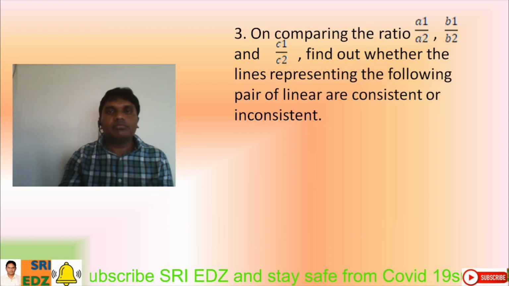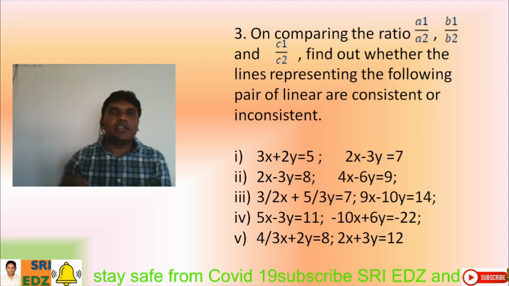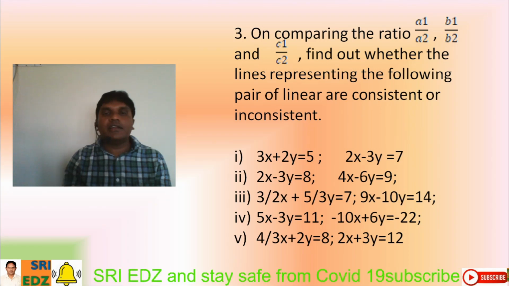The remaining problems you can solve on your own, that means by comparing ratios. In the third question, we only have to say whether the equations have a solution or not. If there is a solution, then we can say they are consistent.